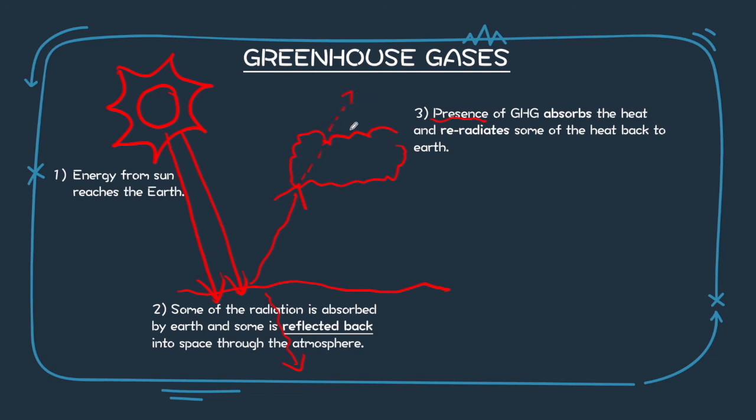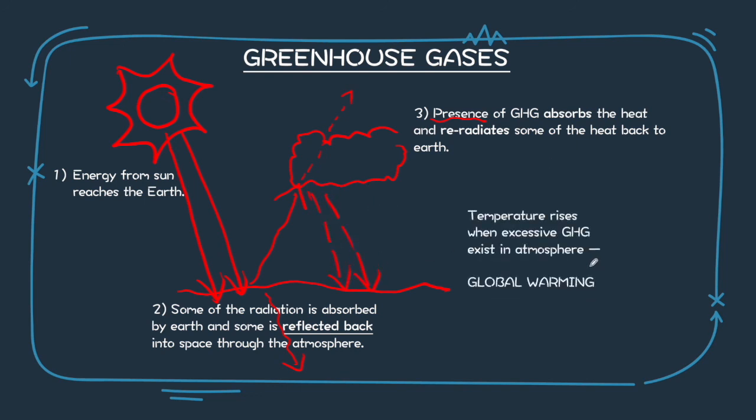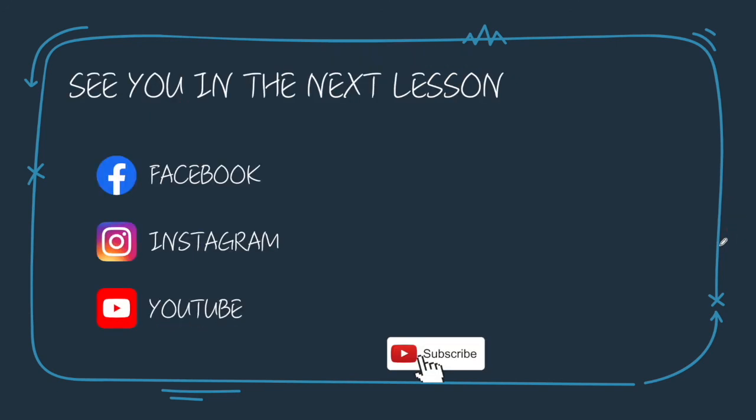So maybe these greenhouse gases will absorb another 20%, which means only 30% of heat is radiated back to space, while the remaining 20% will be re-radiated back to our earth. In this case, the heat absorbed by the earth is a lot more than what is needed, resulting in global warming.